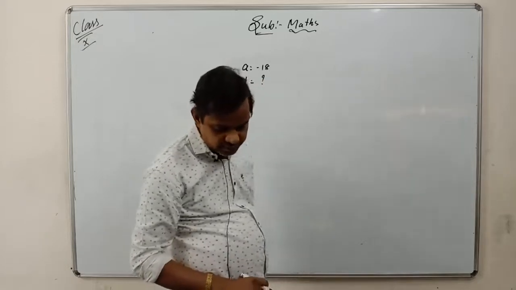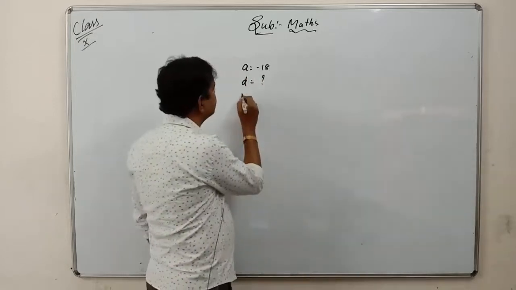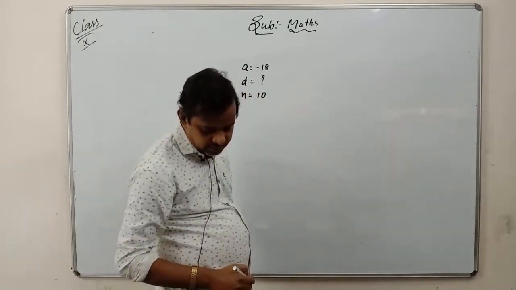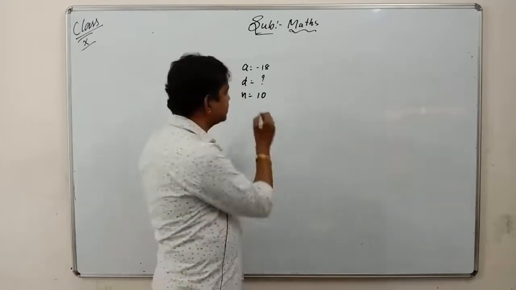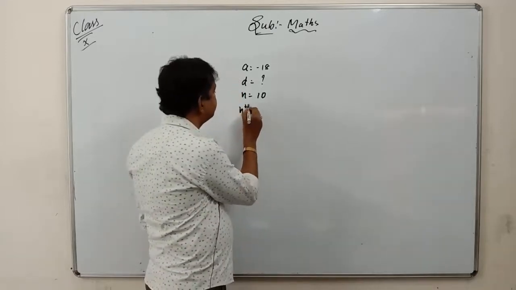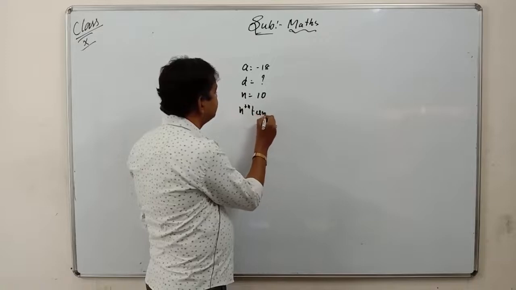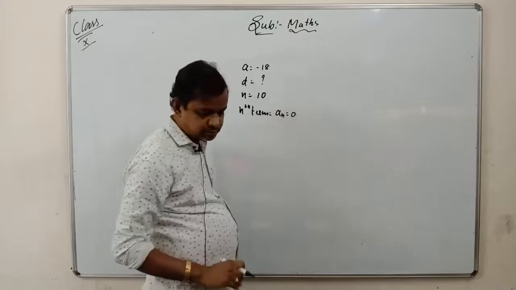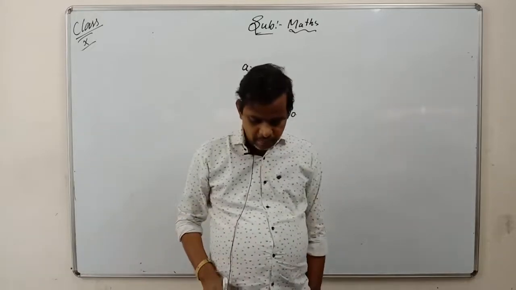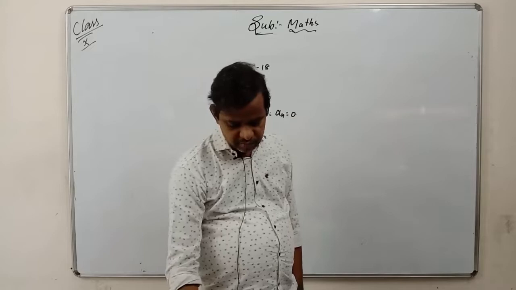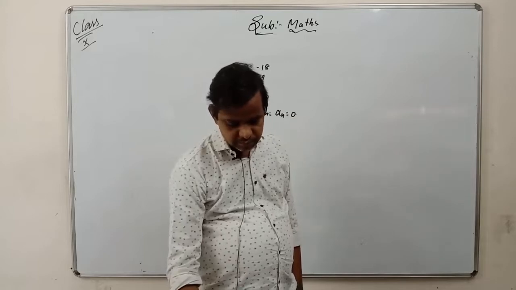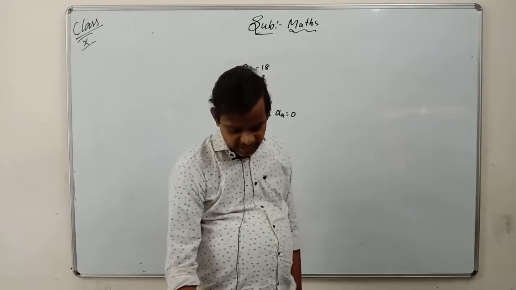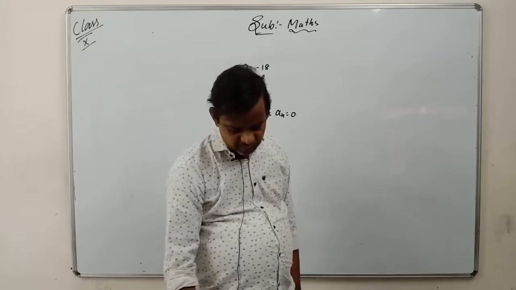And he has given number of terms N equals 10, and he has given nth term An equals 0. So you have to find what D is here. Let us see how to find this one.